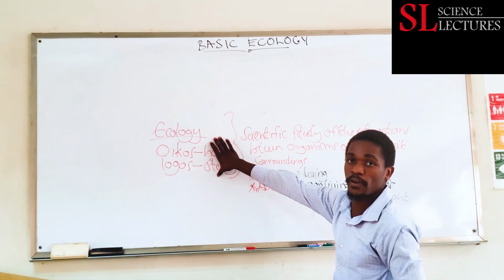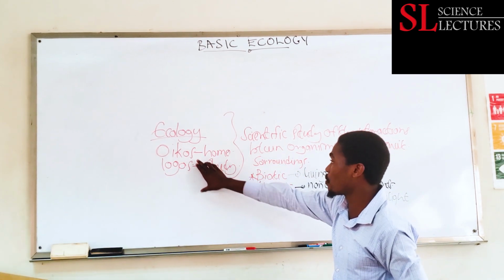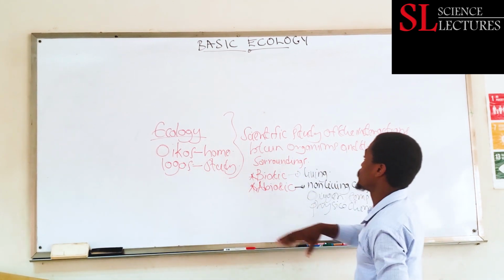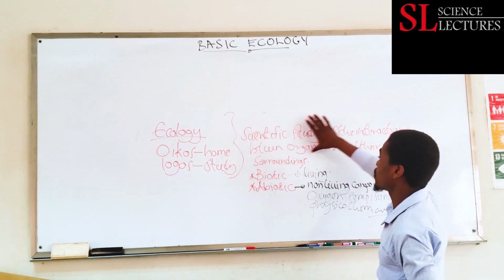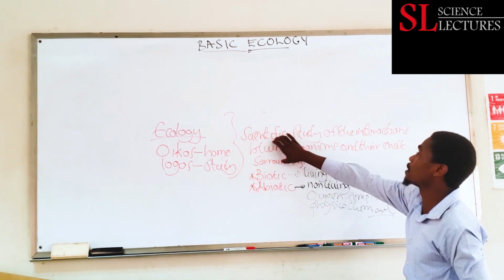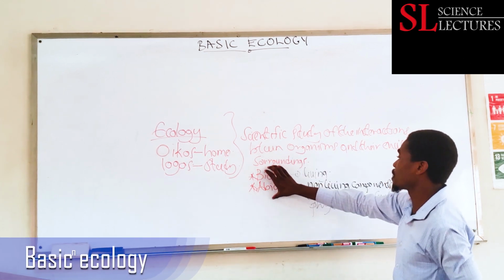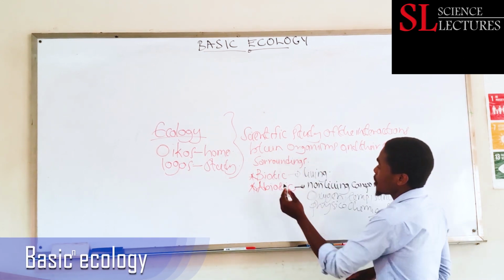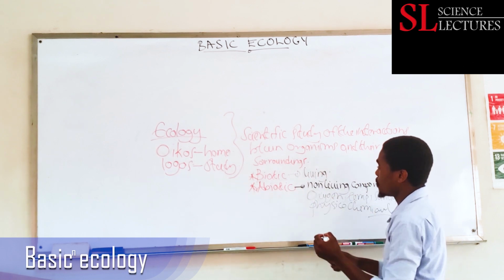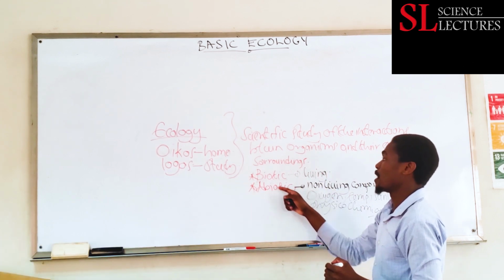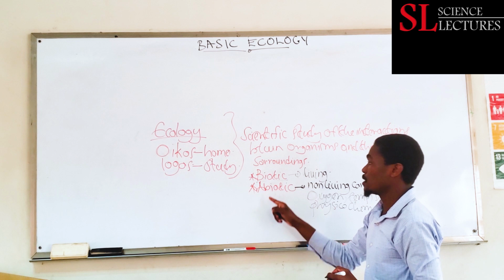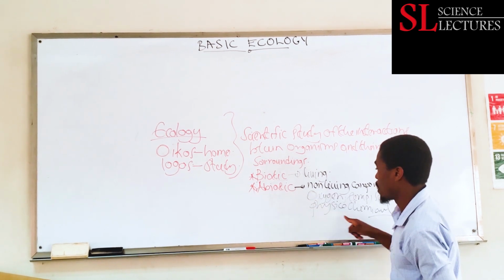We are saying ecology comes from two Greek words, oikos, which means home, and logos, which means study, and we are defining it as the scientific study of the interactions between organisms and their surroundings. The surroundings can be living, like the organism itself, or non-living. The living ones are the biotic, and the non-living ones are the abiotic.